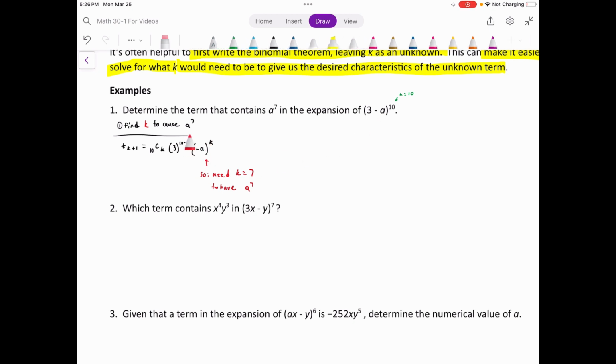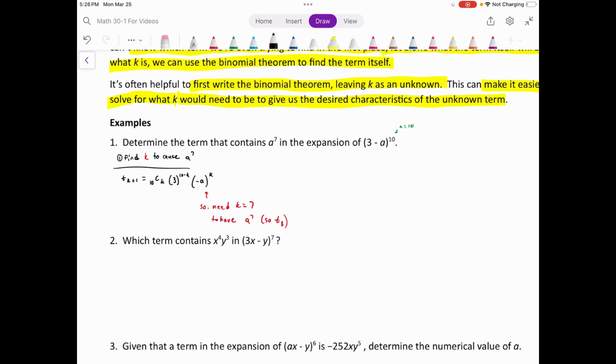That's our second term, and that just gets raised to the power of k. So what term number are we looking for? We're looking for the 8th term, like we predicted, okay? The term number is always one more than the k value. So here we go. Now we know that it will be the 8th term. All that's left to do is find the 8th term.